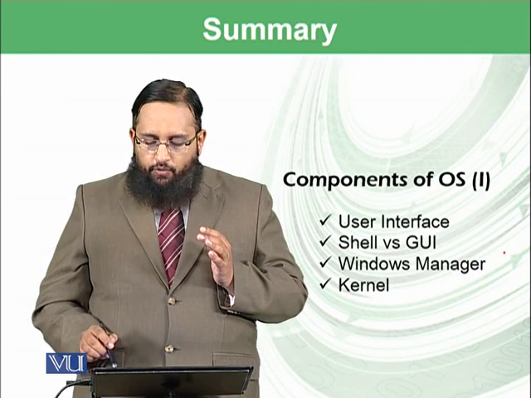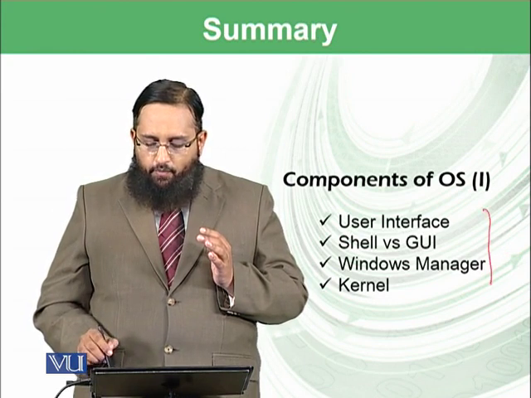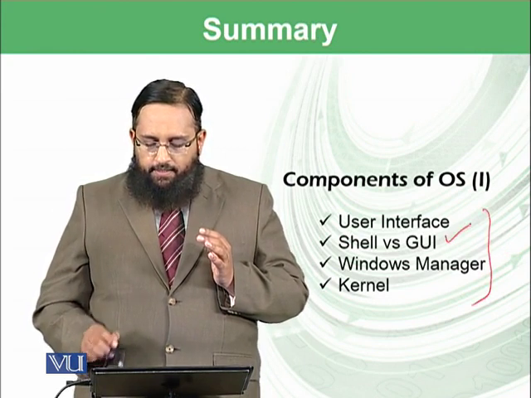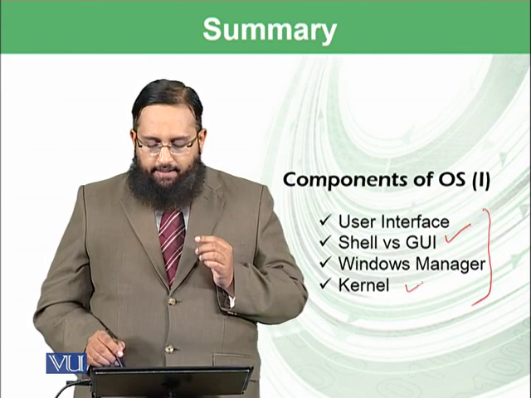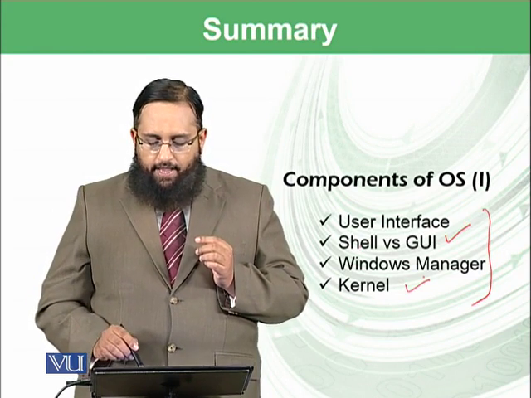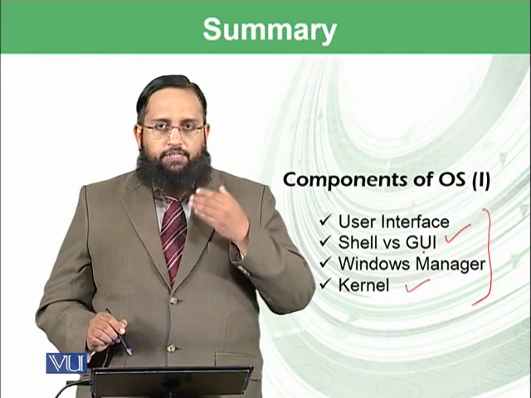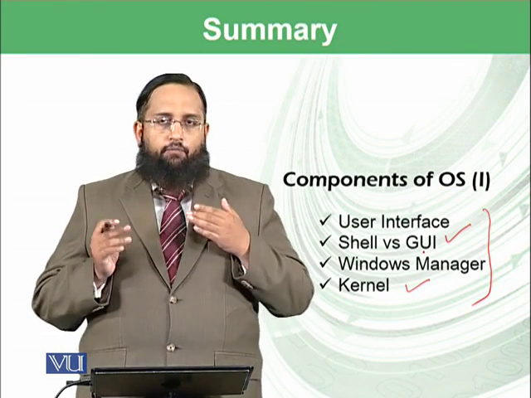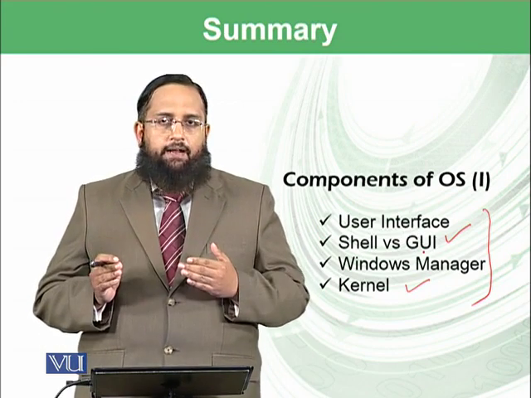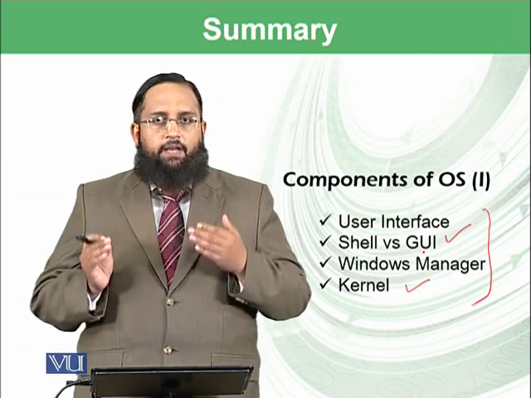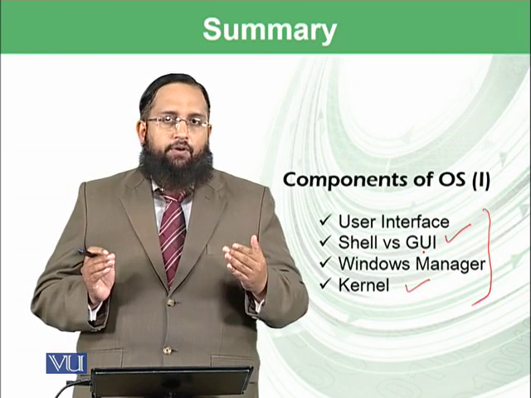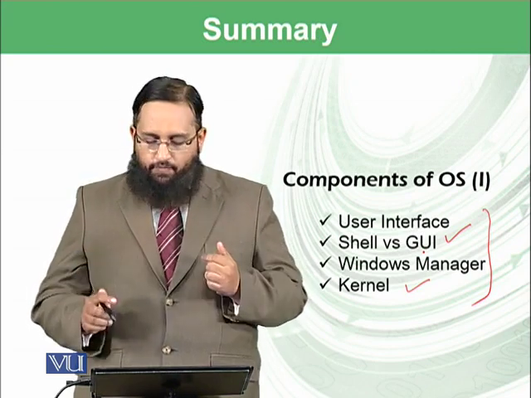So in today's module we have mainly focused on the user interface and kernel, and we have also talked about shell versus GUI, and then we have learned with an example how Windows Manager is managing different windows under the heading of GUI.